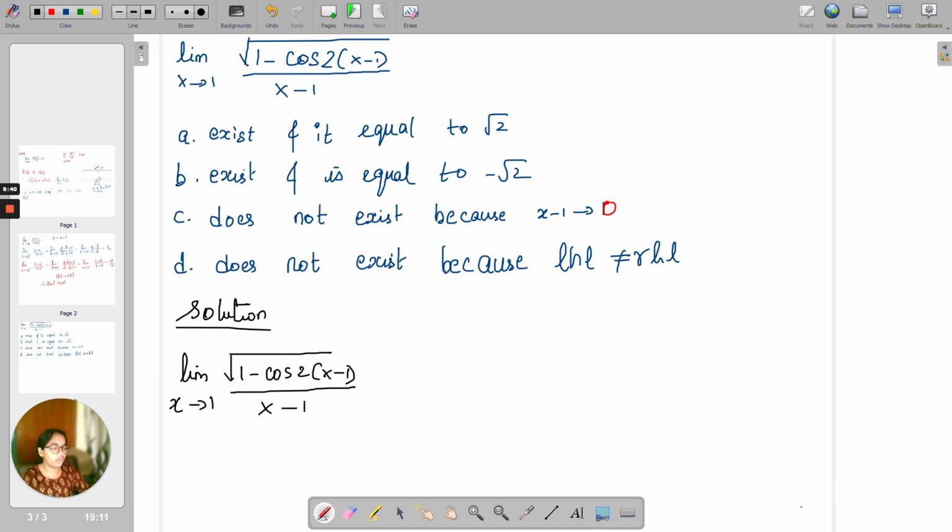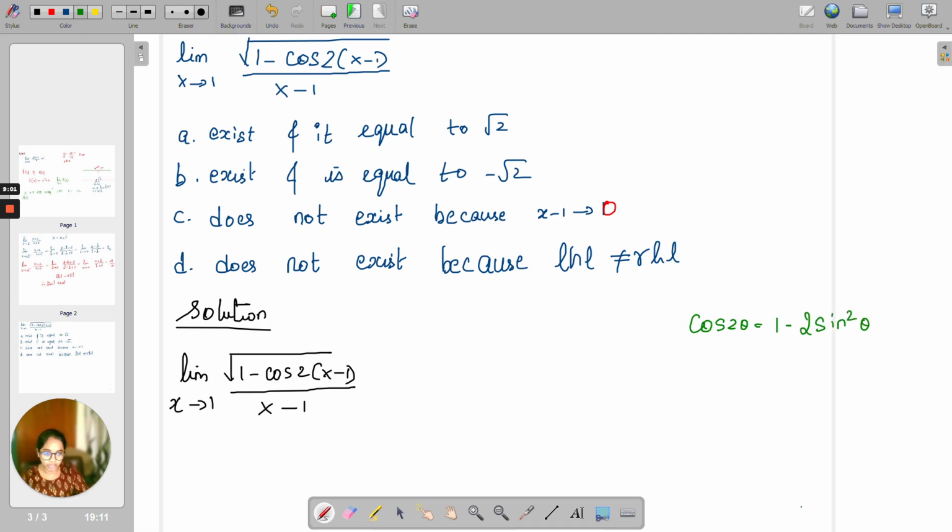So now can you recall the formula for cos 2 theta? What was the formula for cos 2 theta? From your trigonometry chapter, cos 2 theta is equal to 1 minus 2 sine square theta.